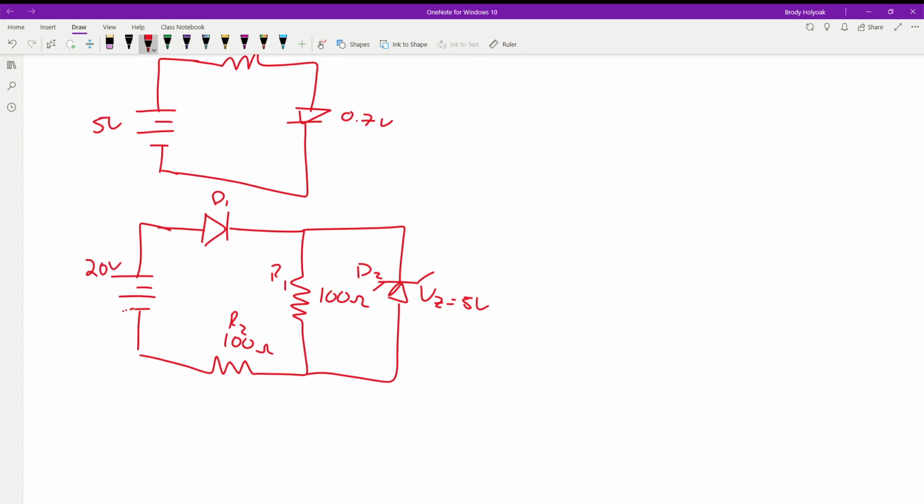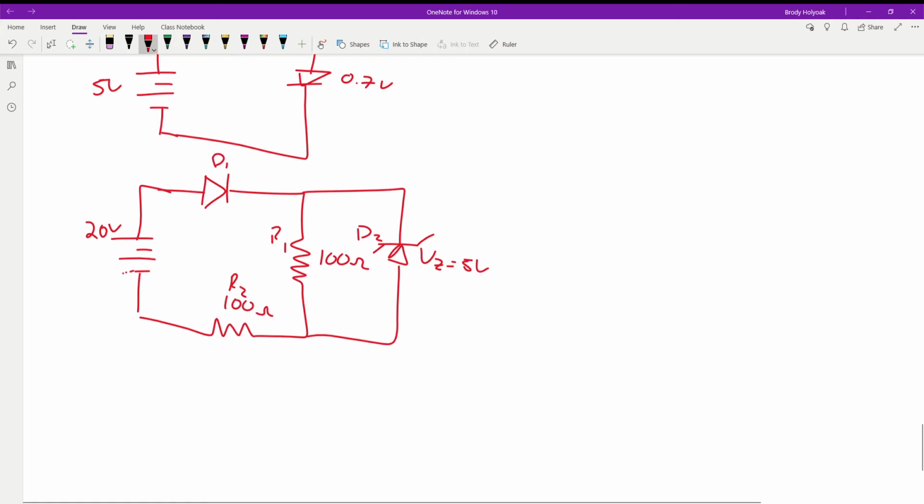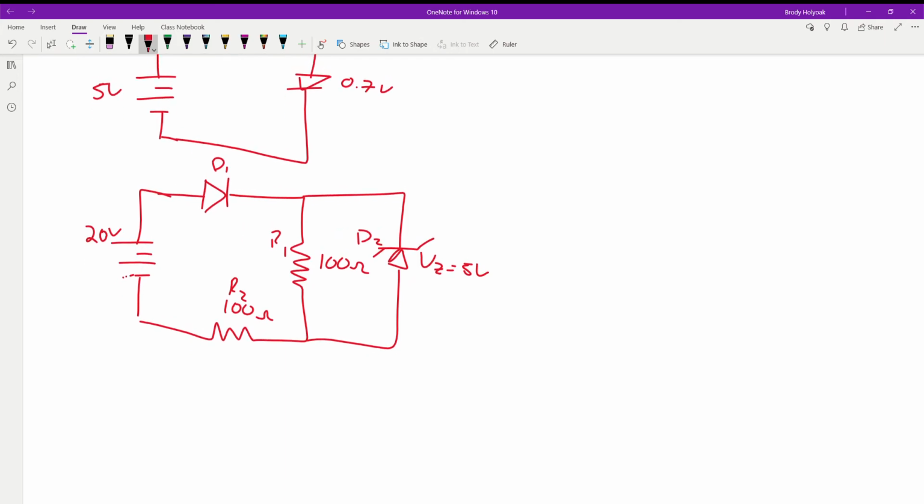Okay, we have this circuit. It did escalate quickly. So if we have this circuit, we want to know what's the voltage of R1, the current of R1, the voltage of R2, and the current of R2.